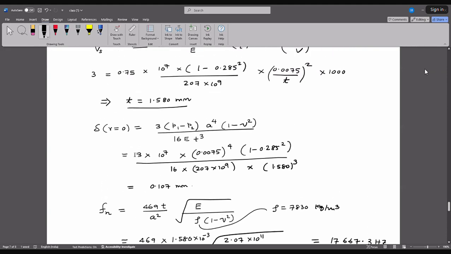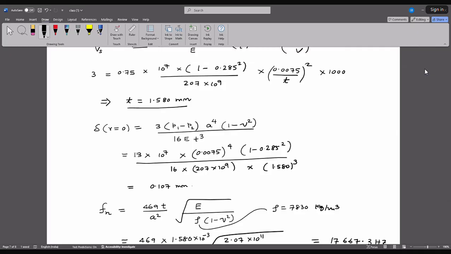Sir, from an exam point of view, these constants, the rho value of steel, Young's modulus. Yes. If I am setting a question, all these parameters I will be providing you. And if something is missing, you can ask me.